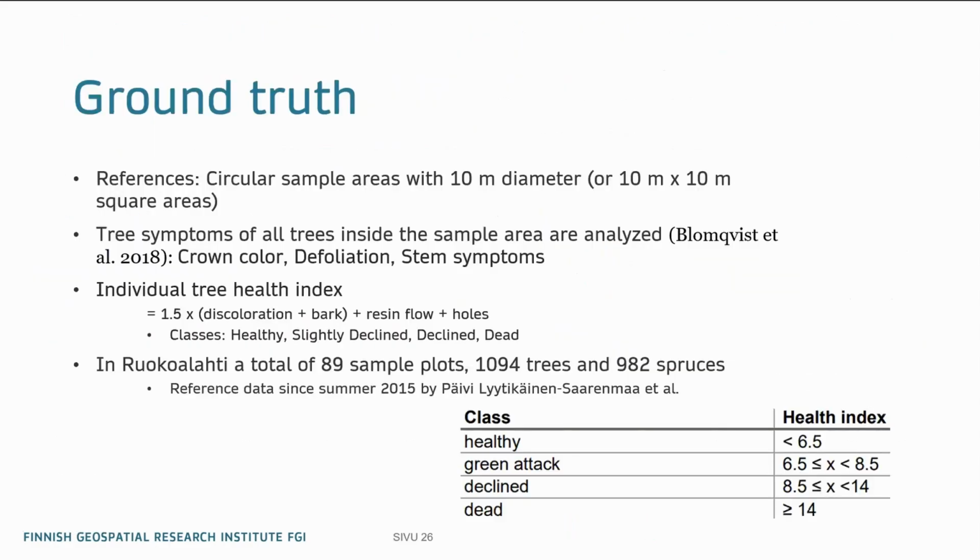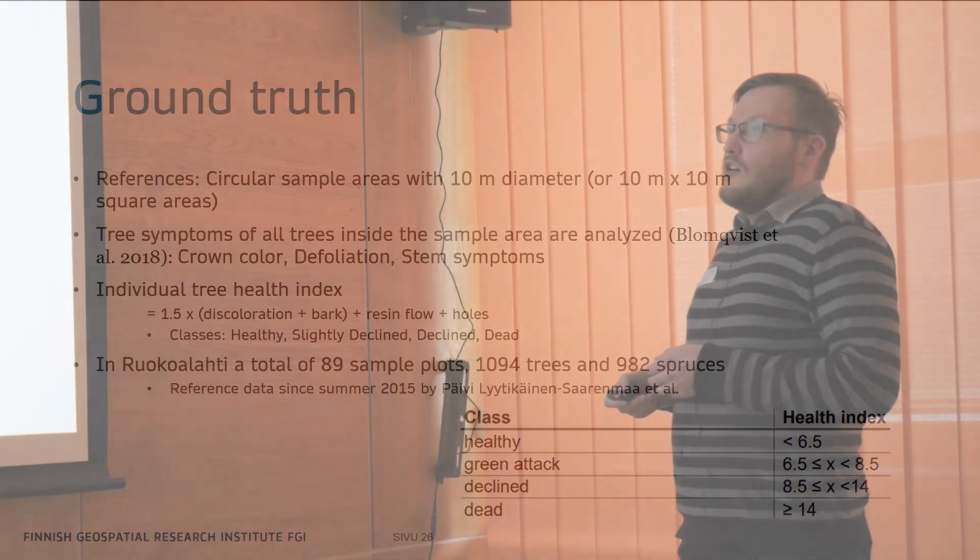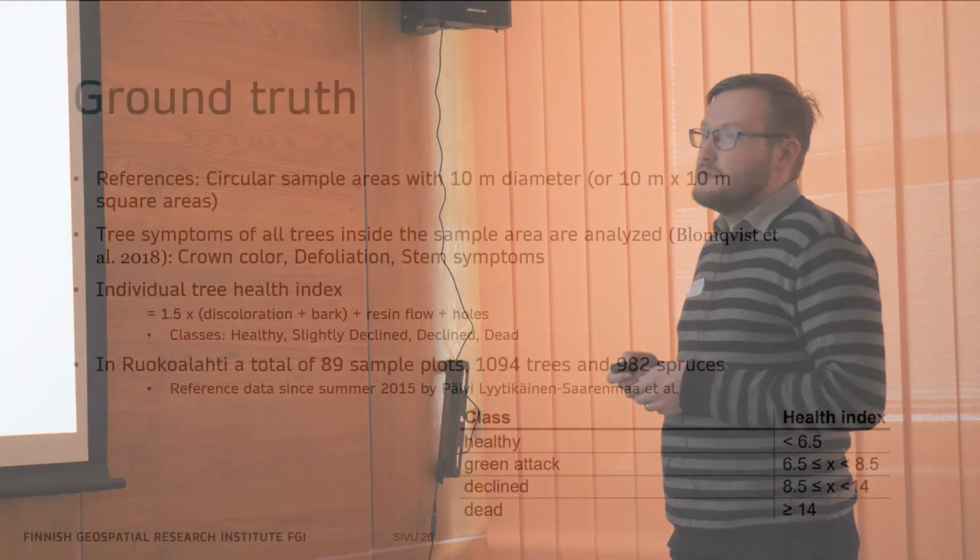And here we have the ground truth, which was collected again by Päivi and that group. Here we used a different kind of tree health index than what we were using before, for example in this Lahti data, where we trusted only the color symptoms. Here we combined into the same index also the resin flows and holes, and bark, so trunk symptoms, and we gave more weight to these 2 symptoms.